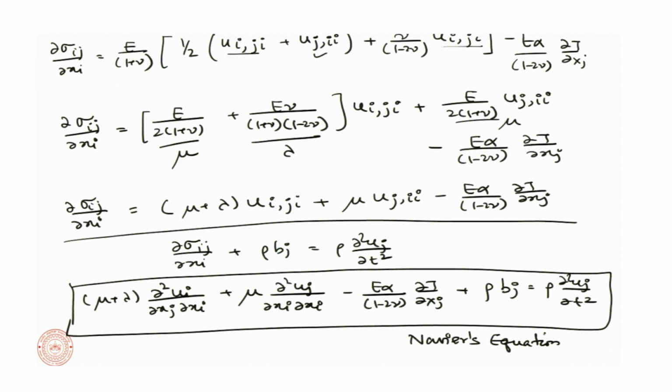If we substitute this, we will have (mu plus lambda) del square u_i by del x_j del x_i, plus mu del square u_j by del x_i del x_i, minus E alpha over (1 minus 2 nu) del T by del x_j, plus rho b_j, equals rho del square u_j by del t square. This big expression is our Navier's equation.